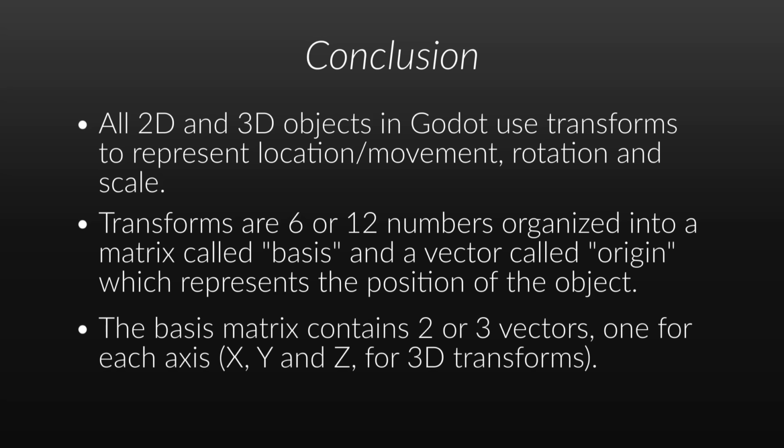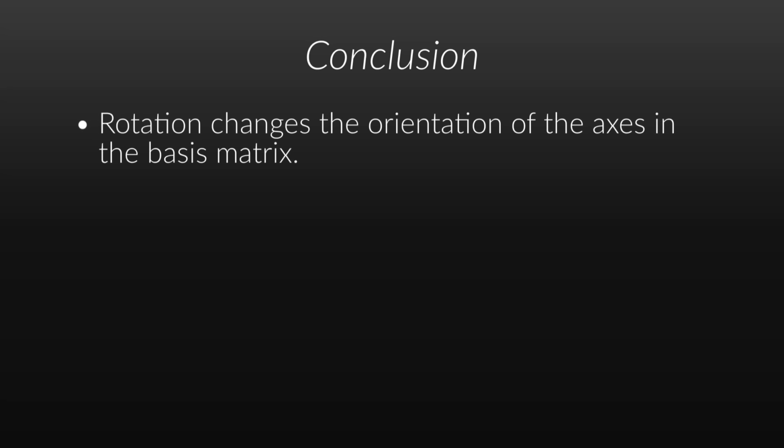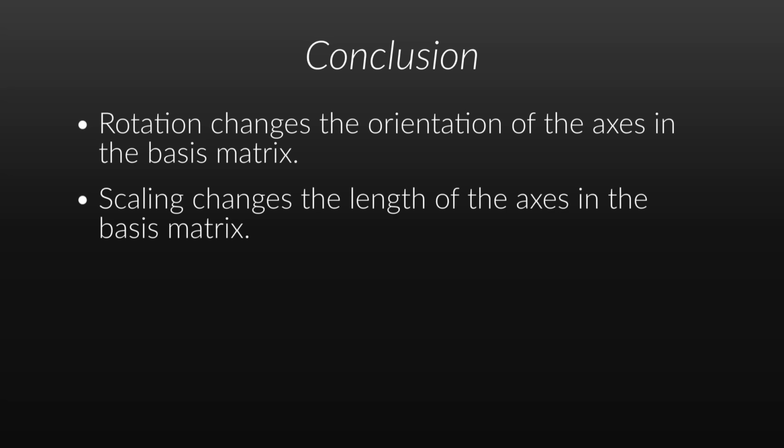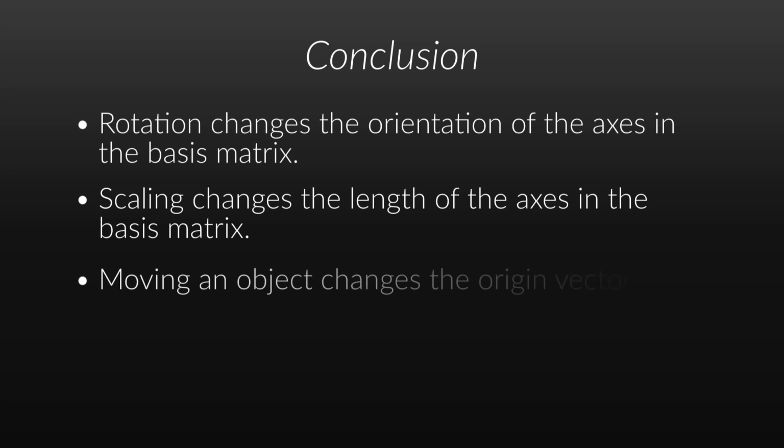We learned that the basis is built up from 2 or 3 vectors that point into the direction of the x, y, and z axes. We learned that rotating and scaling an object changes the direction and length of these basis vectors, while moving an object changes the origin vector.